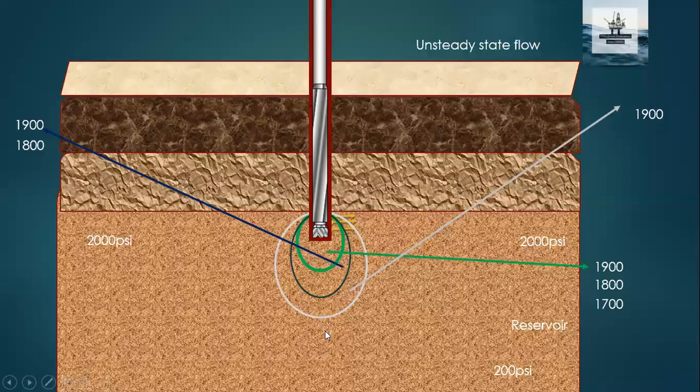Beyond these 3 ripples, the pressure was observed to be 2000 psi. Then comes 1900 psi. Then inside the dark blue one, that is 1800, and inside the dark green, it is showing 1700. So 2000 psi, 1900, 1800, 1700. So it is reducing. When time is progressing, these ripples are generating, so the pressure is also reducing and it is moving forward.